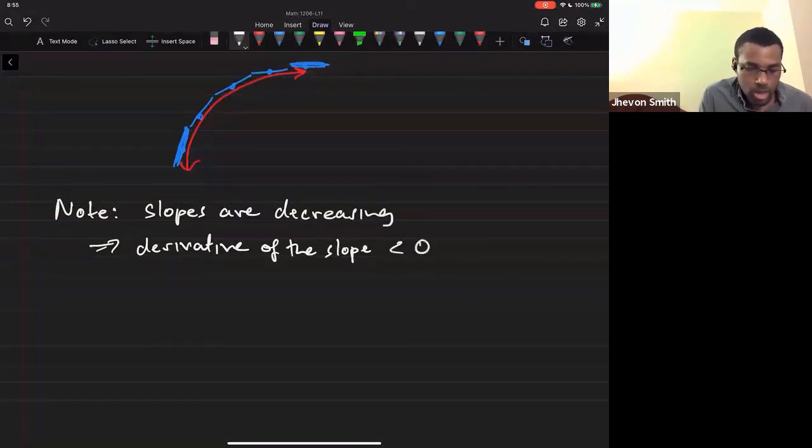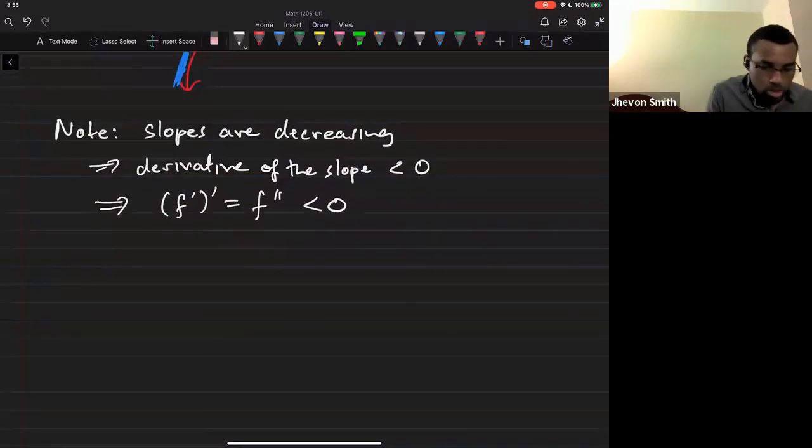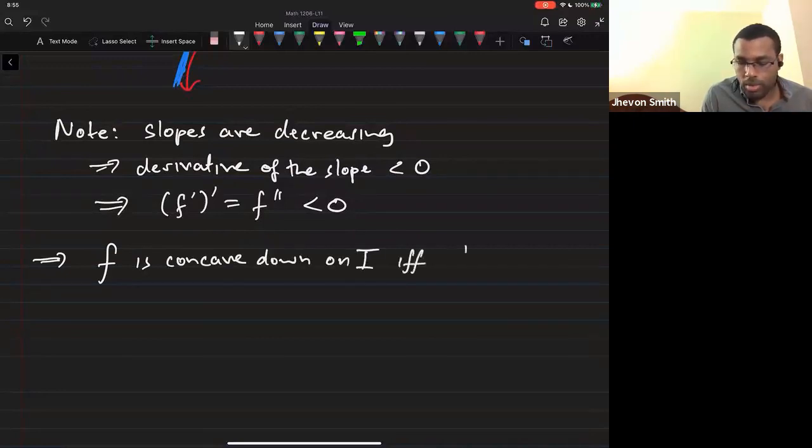So the slopes are decreasing. If I take the derivative of the derivative, which is the second derivative, I would get less than zero. So this leads to f is concave down on I if and only if the second derivative is negative there.